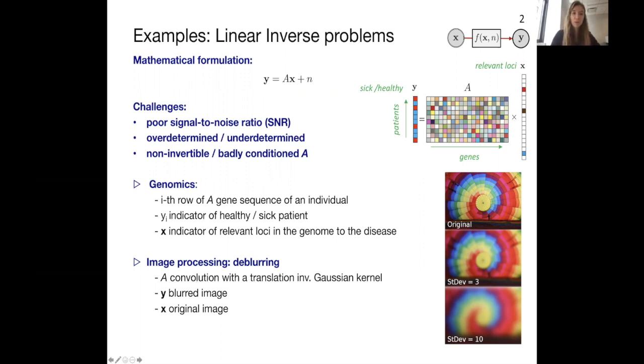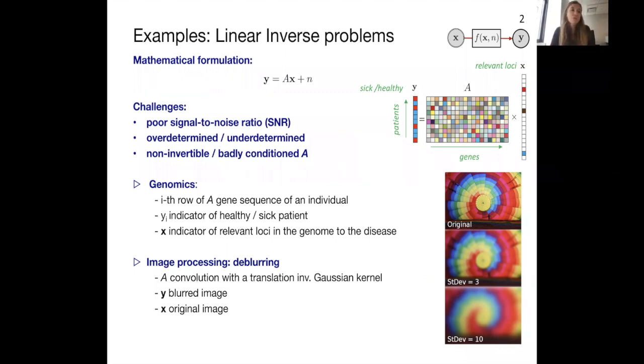You have an input image, just like the one up there, x, that will produce observations corresponding to a blurred image, convolved with the Gaussian kernel, more or less blurred according to the variance of the kernel. And you want to recover from the blurred image the unblurred one. That amounts to solving such a linear inverse problem.